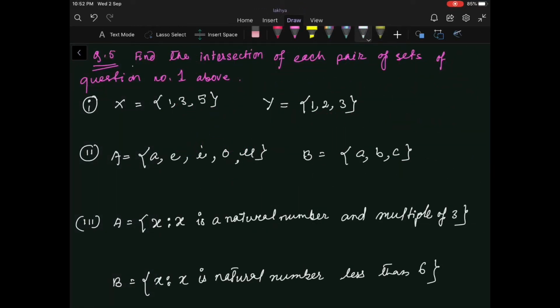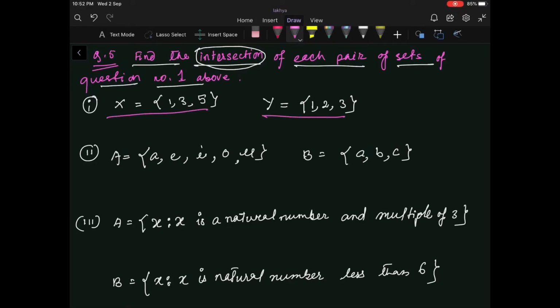In question number 5, find the intersection of each pair of sets of question number 1 above. Here we are going to find the intersection of the pairs of sets given in question number 1. The first pair is sets X and Y. Intersection of these two sets means the set of all the common elements of the two.